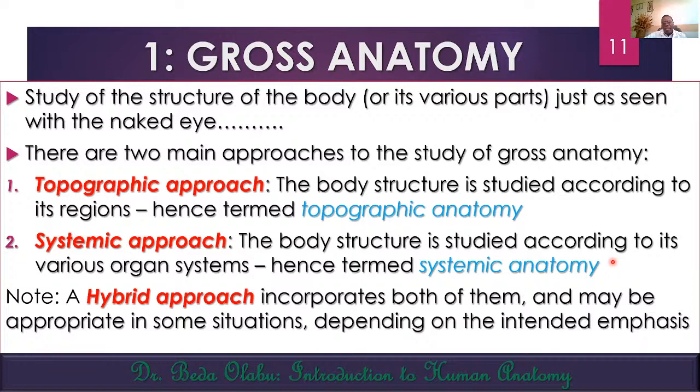So a hybrid approach is where you bring in topographical aspects, but primarily you've been using a systemic approach. Again, that will depend on what course you are doing as a student. Maybe there are some aspects of topographic anatomy that are required of you in some parts.